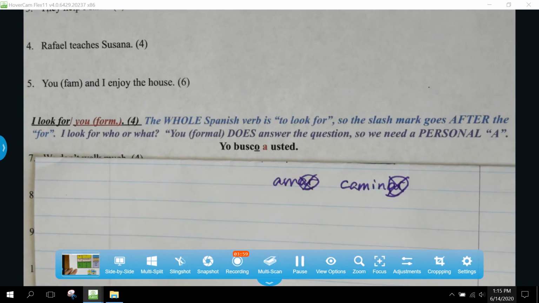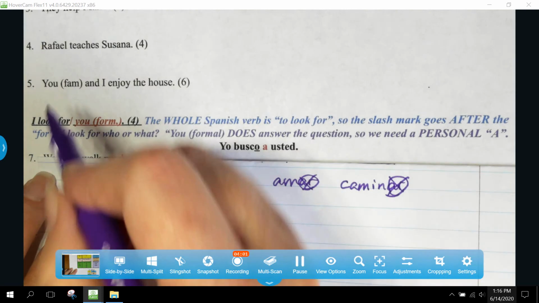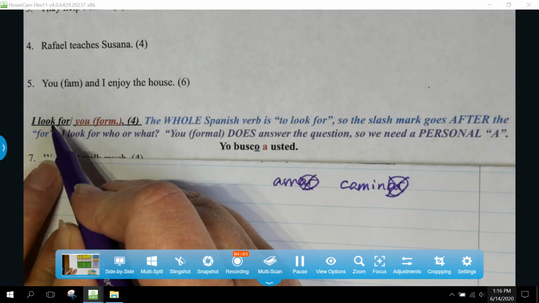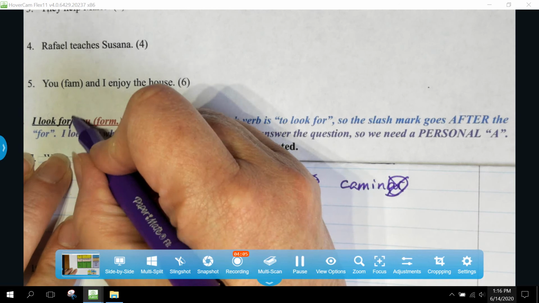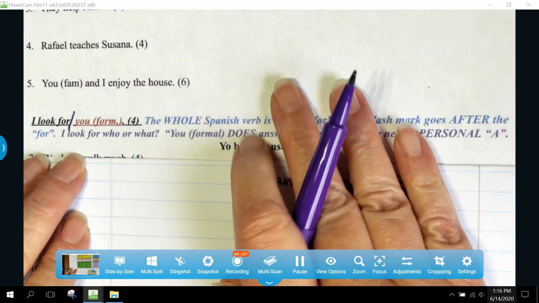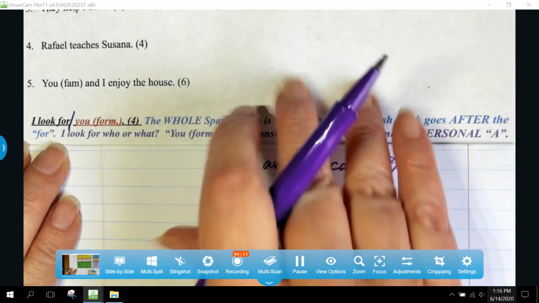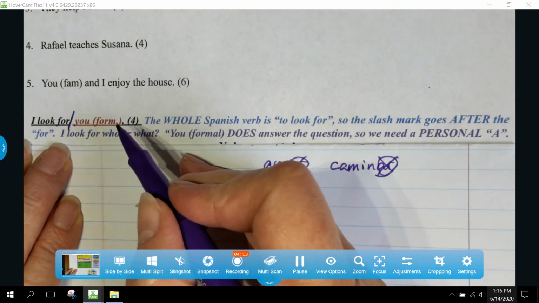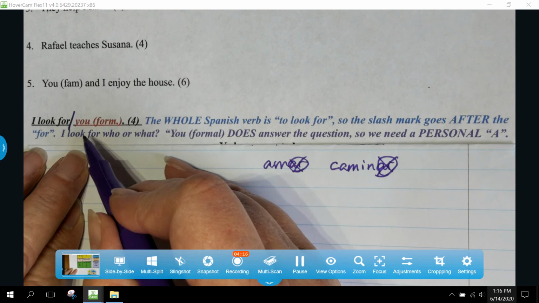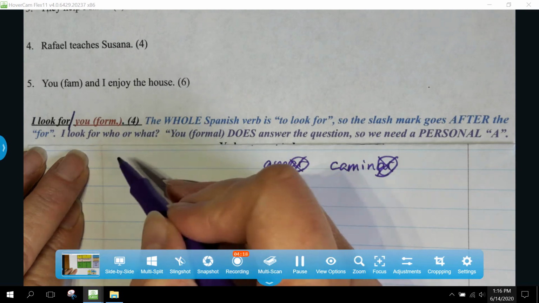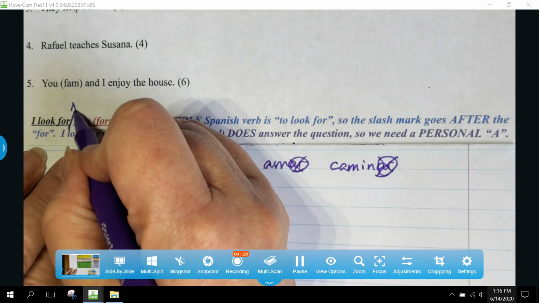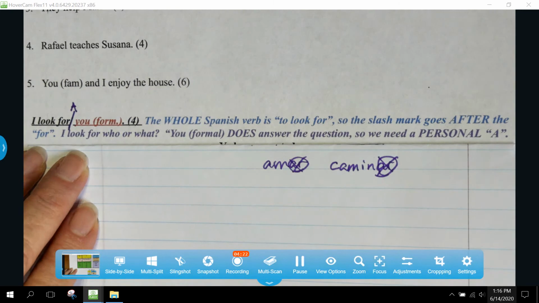That means here you're going to put your slash mark not after look like you think you would in English, but after the for. So I look for who or what? I look for you. Does you answer the question? Yes. Is you a person or a pet? Yes. So we need a personal a.